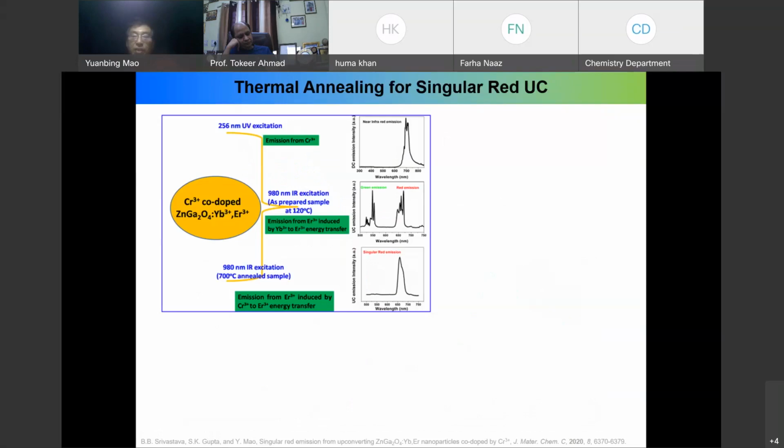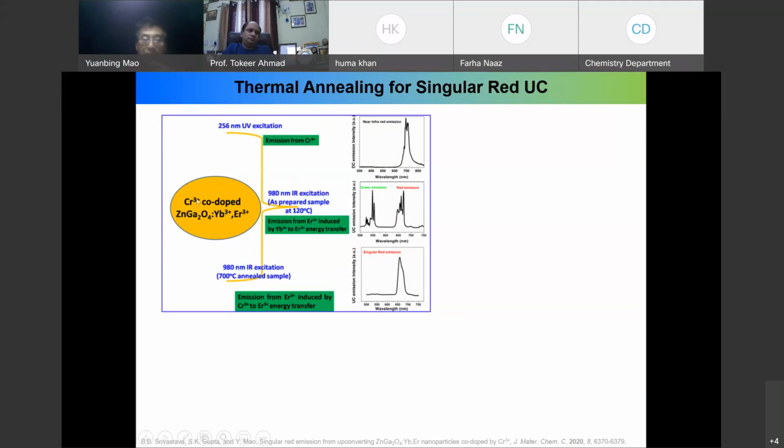And then the other study we worked on recently is related to how thermal annealing changes the luminescence, right? So here you can see that this is chromium co-doped zinc gallate, co-doped with ytterbium and erbium, zinc gallate nanoparticles, right?